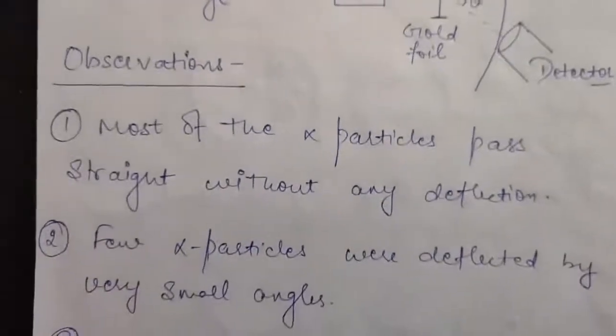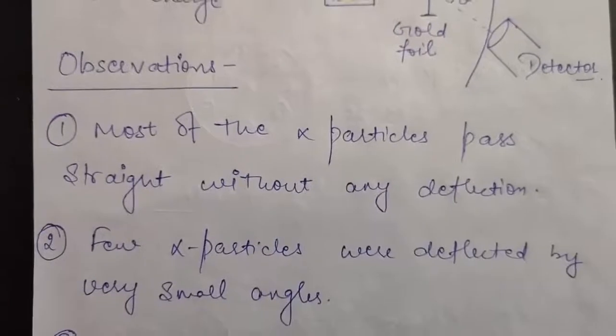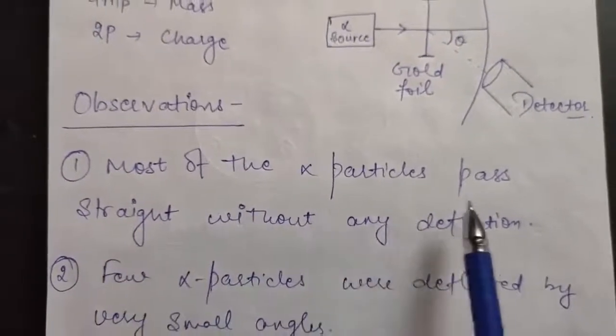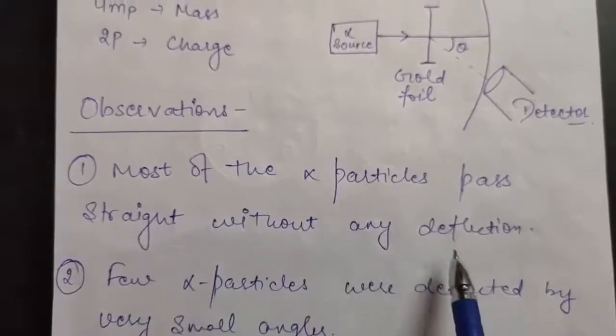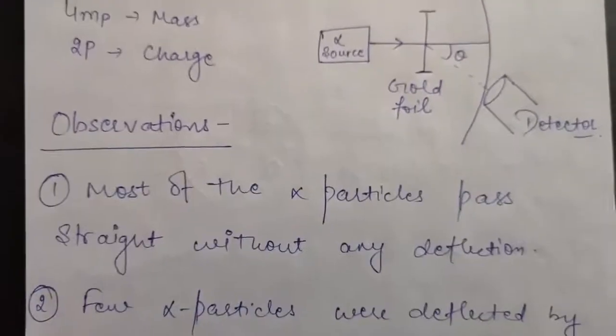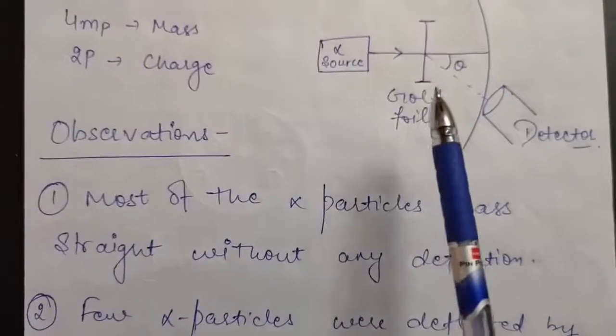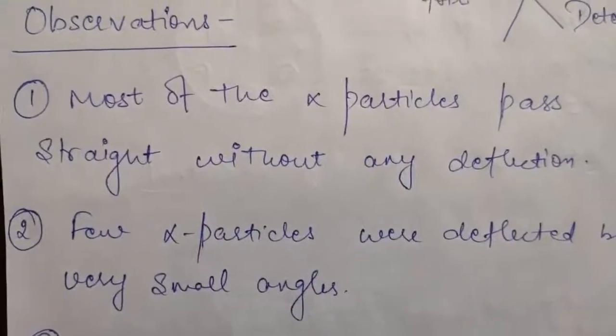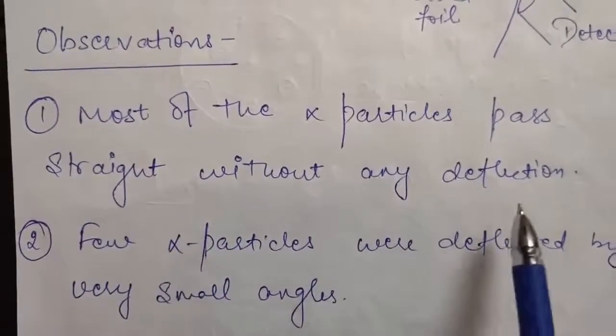About the observations first. The first observation of the Rutherford experiment was that most of the alpha particles pass straight without any deflection. That is, when these alpha particles come near the gold foil, most of them pass straight without any deflection.